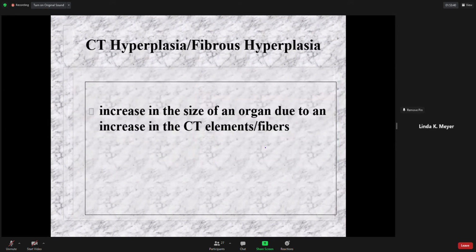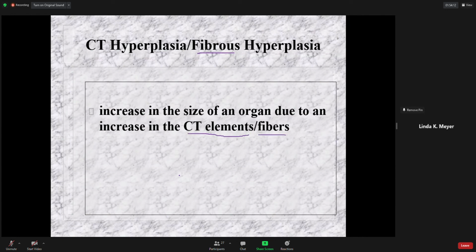Now, one subcategory I'd like you to write in is, sometimes you'll hear the term connective tissue hyperplasia, or what's called fibrous hyperplasia. And in the oral cavity, there are many applications of this. Let me give you a couple minutes to record the definition. So this is an increase in the size of the organ due to an increase in the connective tissue elements.